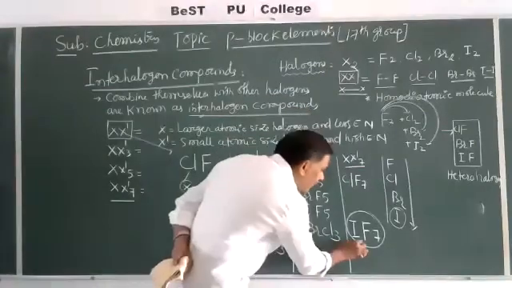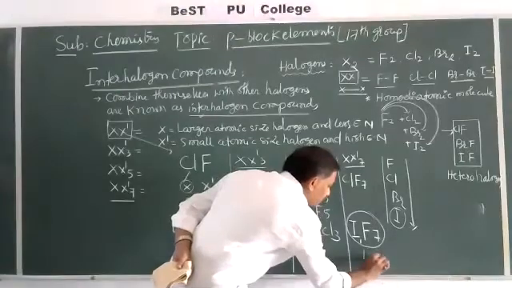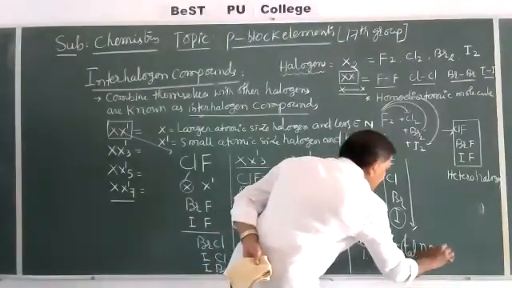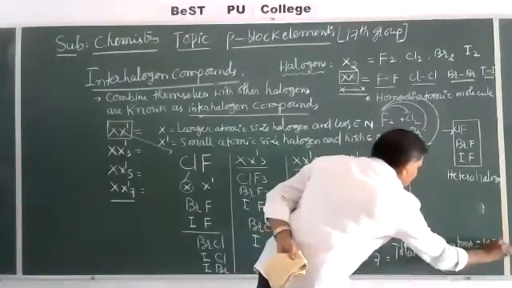Now here in interhalogen compounds, atoms ratio also increases. See here, iodine is 1, fluorine is 7. This is a 1:7 ratio. Total number of atoms, how many are there here? Total number of atoms are 8. 1 plus 7, 8.